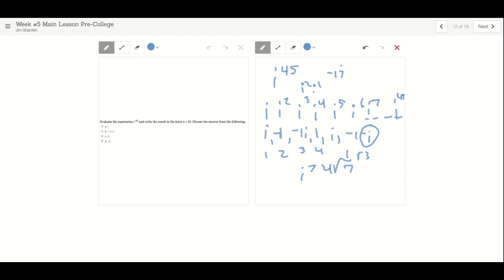Is that a remainder of 1? Because 44 goes in there. So if my remainder is 1, then my answer is just i for that one. So it makes it really easy if you understand how to divide through, because it's just the remainder that's going to give you your answer.